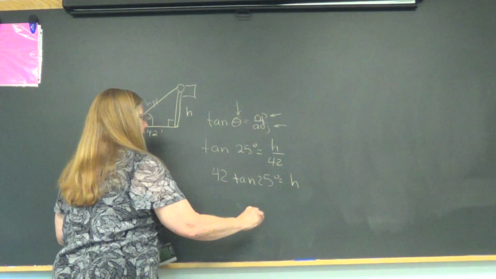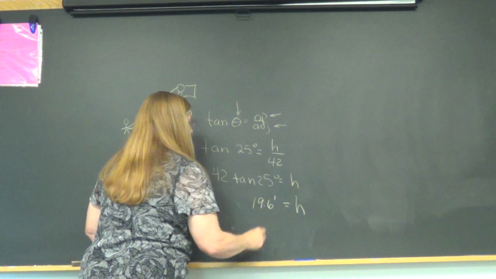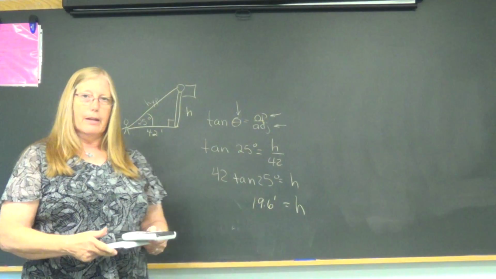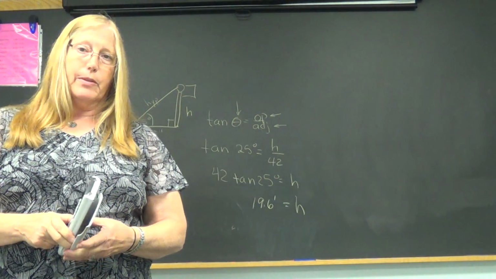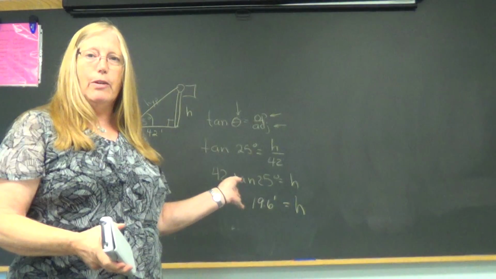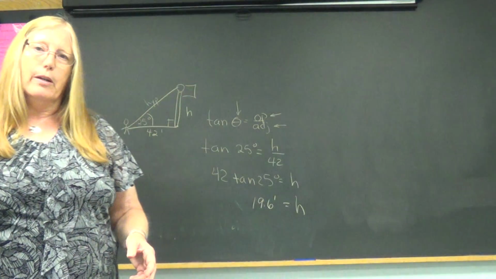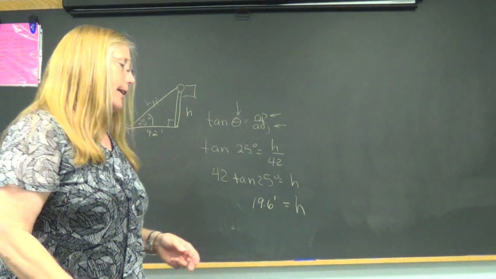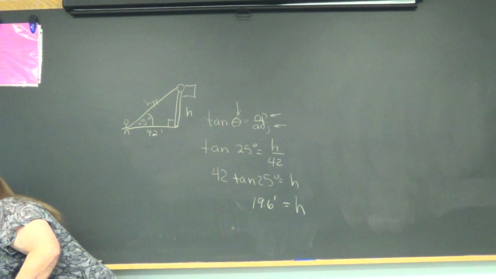Rounding, I get the height is 19.6 feet, the height of the flagpole. Alright, so that's again good practice for real life trig problems. Many on our trig project are just that level of difficulty, so practice with those will get you ready to complete the project. Alright, let's look at one more tonight.